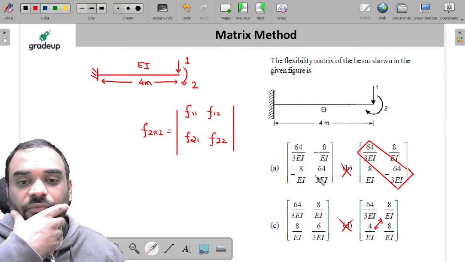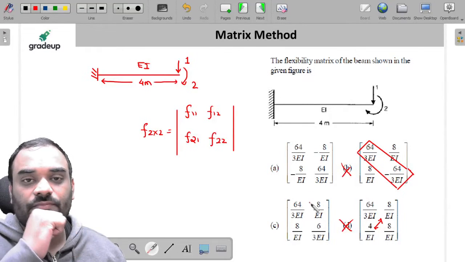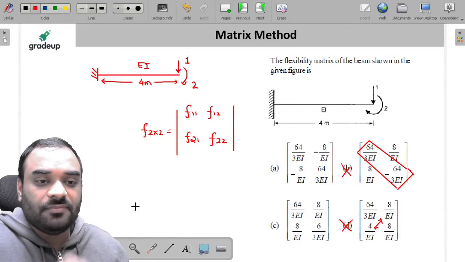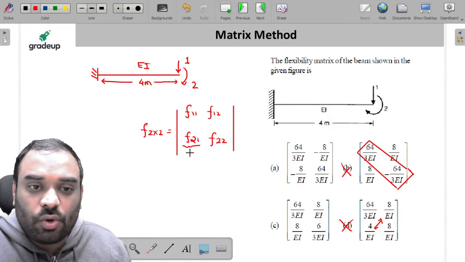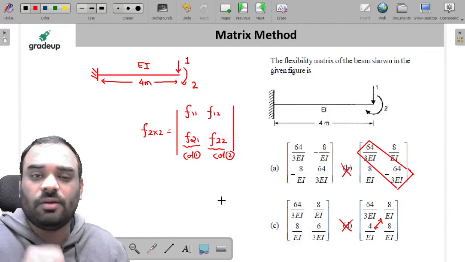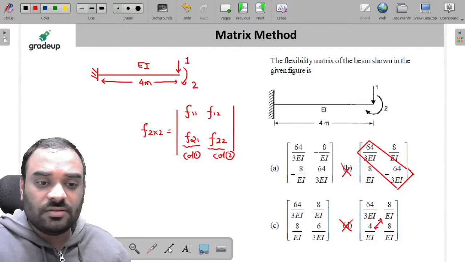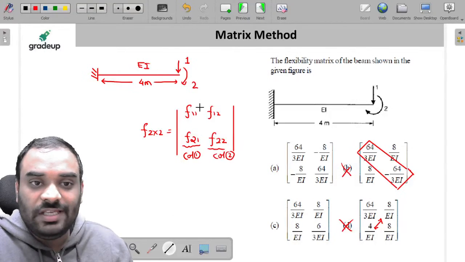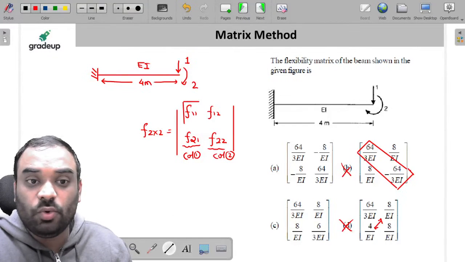Let's understand. You can see here, my friends, these are column 1 elements and these are column 2 elements, right? Column 1 and this one is column 2. So my friends, in case of flexibility matrix, these elements will represent what?